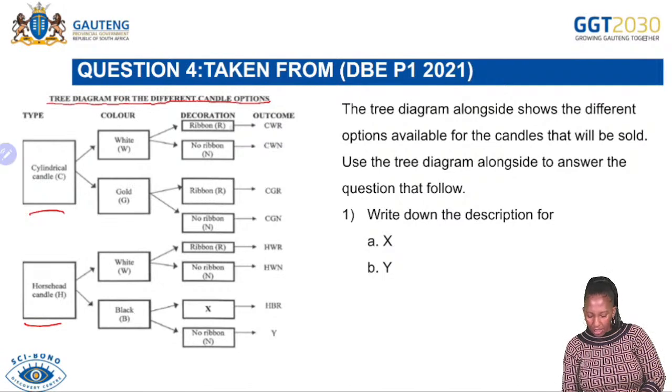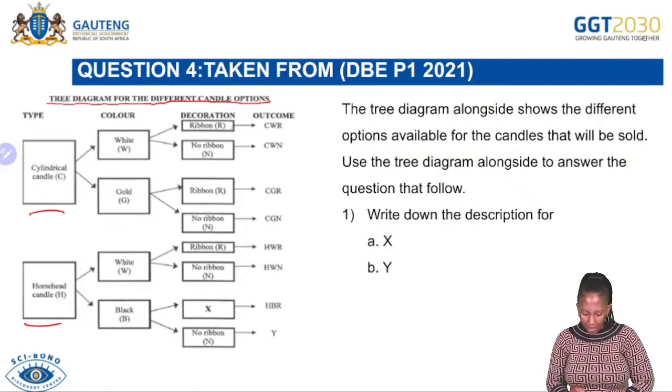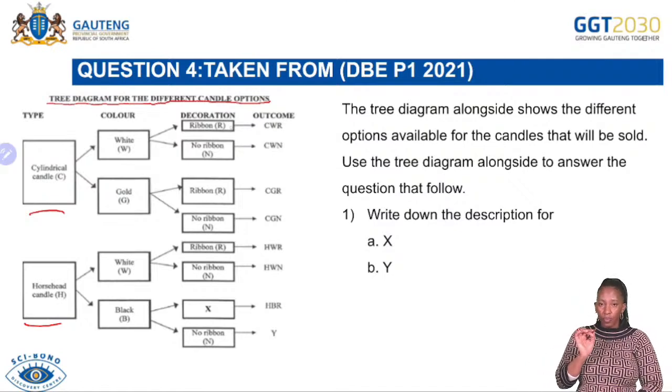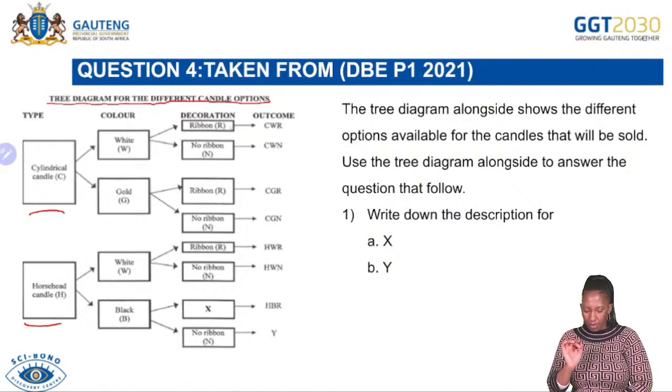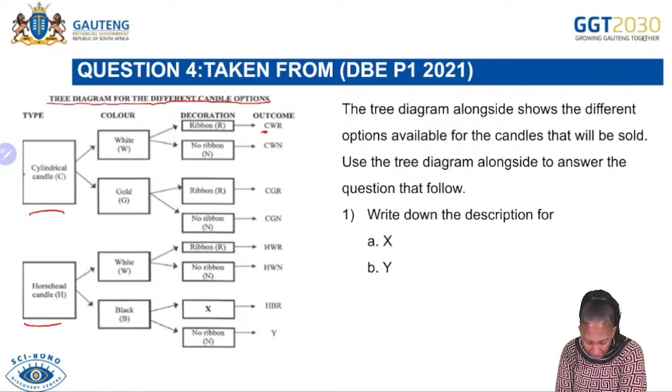And then the decorations, it is with a ribbon or without a ribbon. Now look at this. They are giving us a clue in our outcomes. This C stands for the cylindrical, W for white, R for ribbon. That is why we have the outcome as CWR. So this is from here.